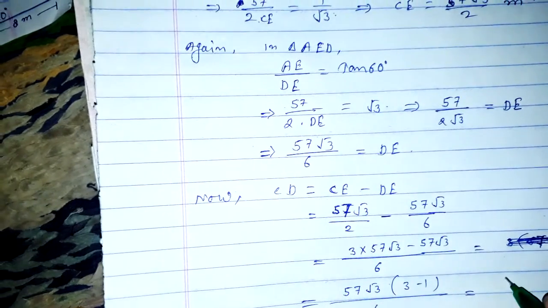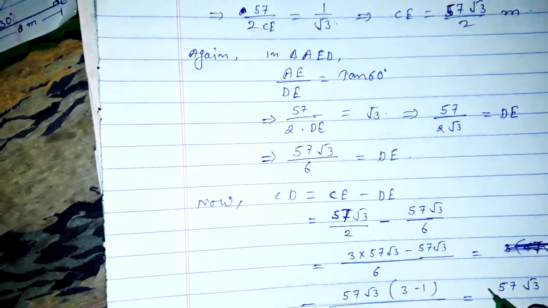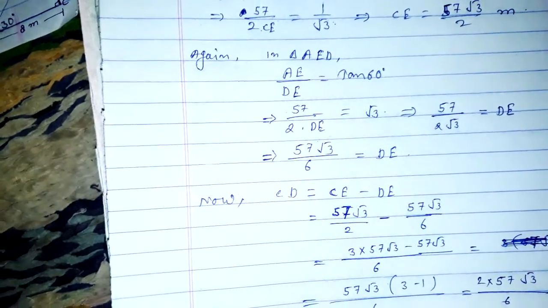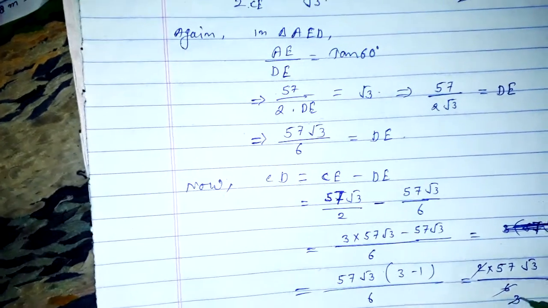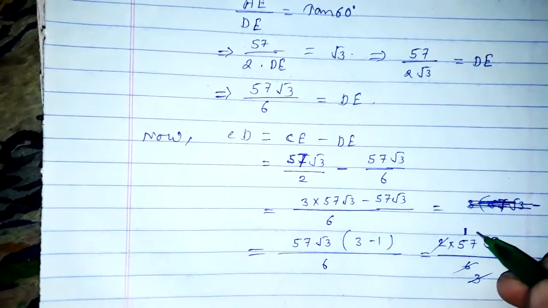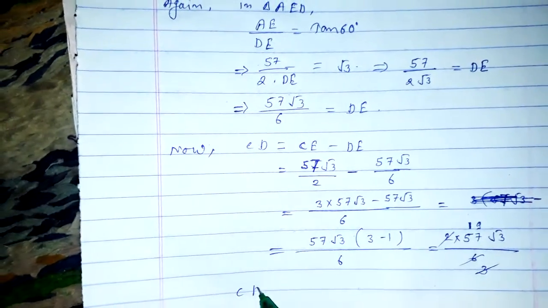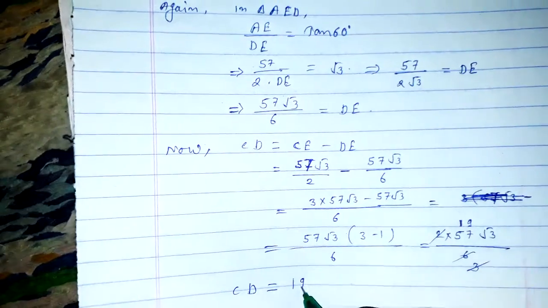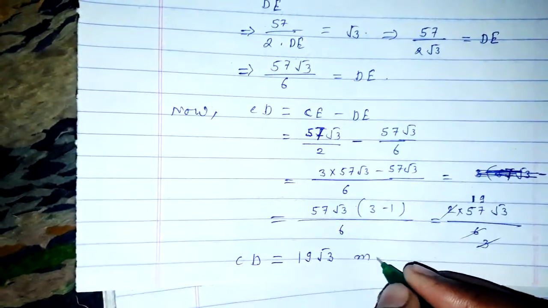So this is 57 root 3 into 2 upon 6. So divide here. So this is 3. 3 1s are 3, 3 9s are 27. So CD is equal to 19 root 3 meters. Answer.